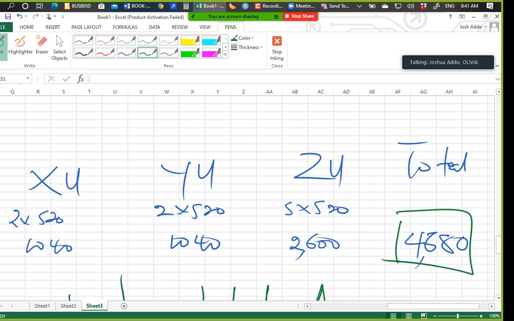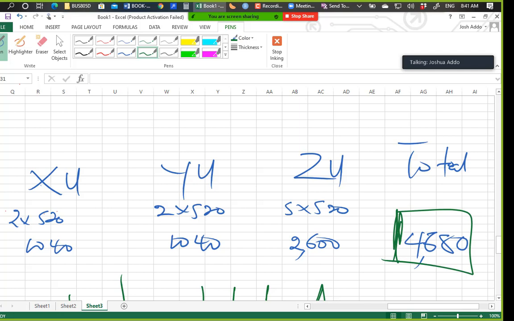So if you go by the weighted average contribution for the mix approach, you will first of all arrive at this figure. So this is the figure for all of the products mixed together. We have added all of them.